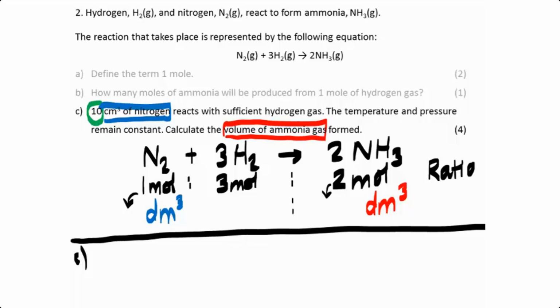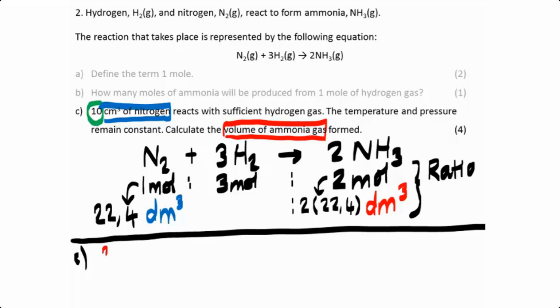So let's do that for now. 1 mole of nitrogen at STP would have a volume of 22,4 decimeter cubed. 2 moles of ammonia at STP would have a volume of 2 times 22,4 decimeter cubed, 44,8 decimeter cubed. So we have now got the mole ratio in a ratio which is valuable for this question, which is a volume-volume ratio.